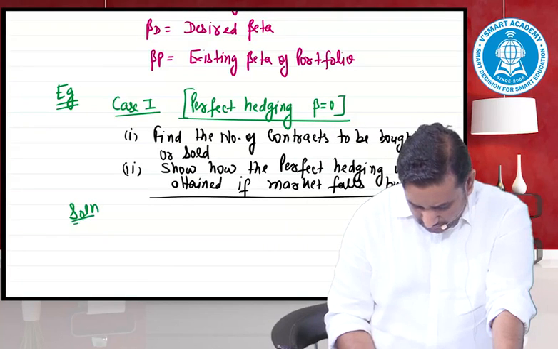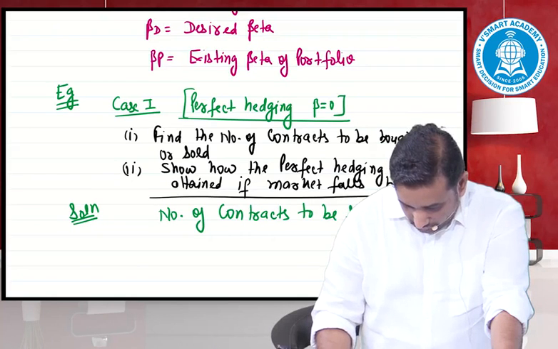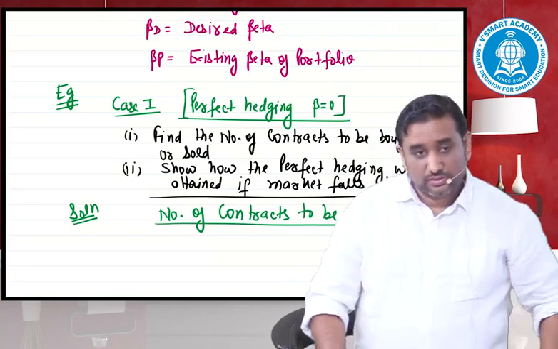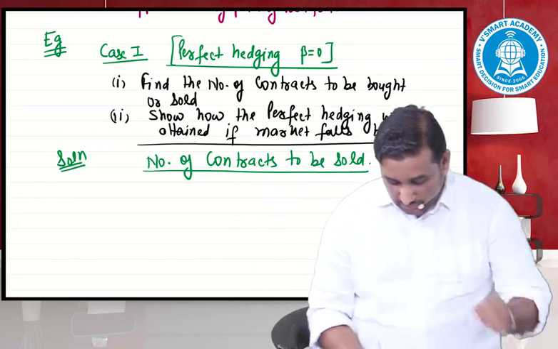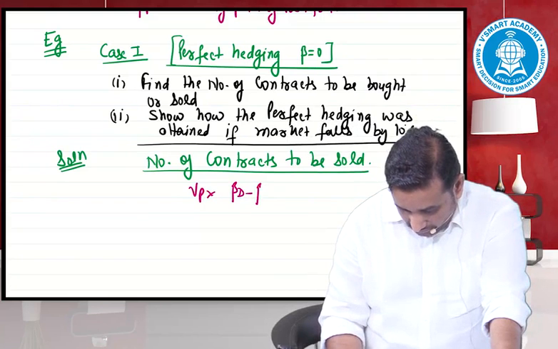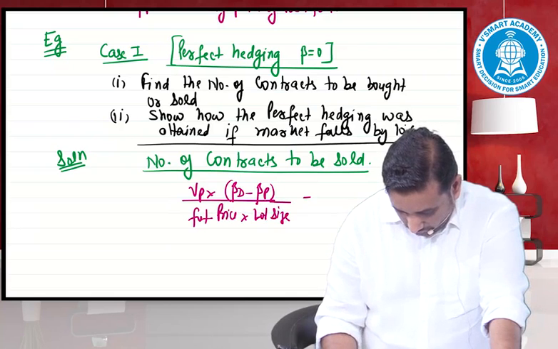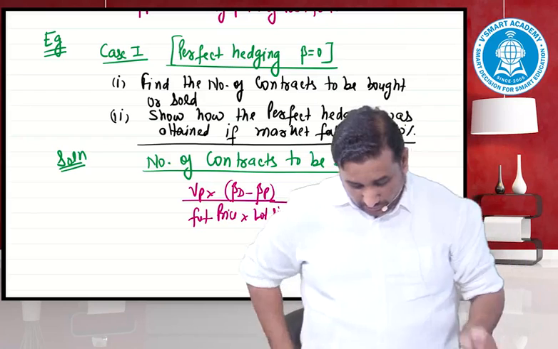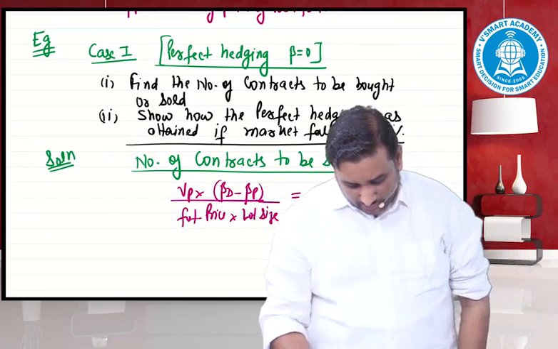Number of contracts to be sold will be equal to value of portfolio into (beta desired minus beta of portfolio) divided by future price into lot size. Now, what was the value of portfolio?